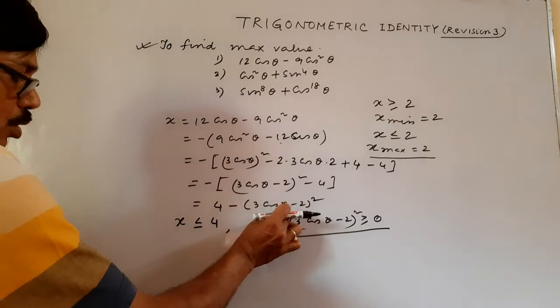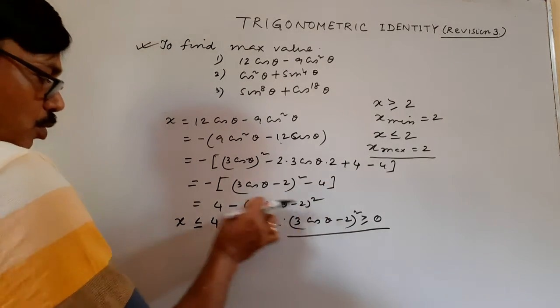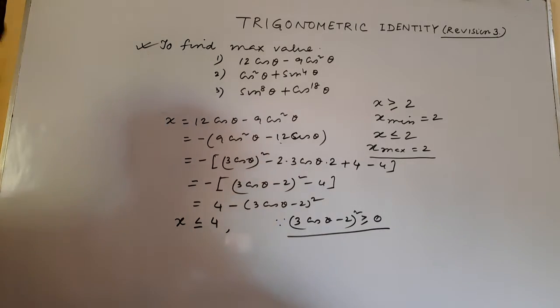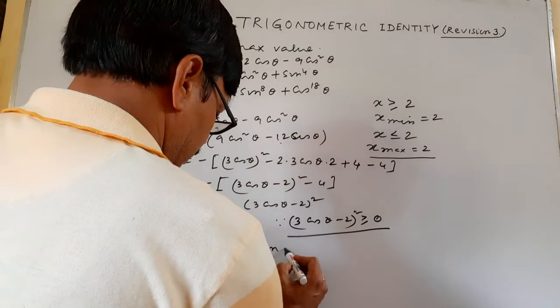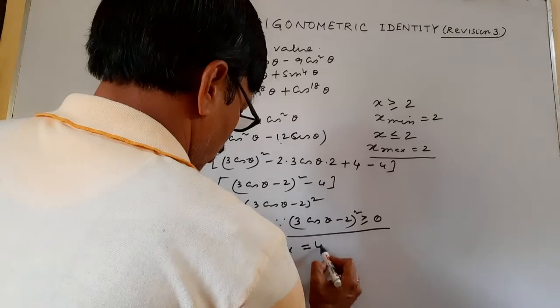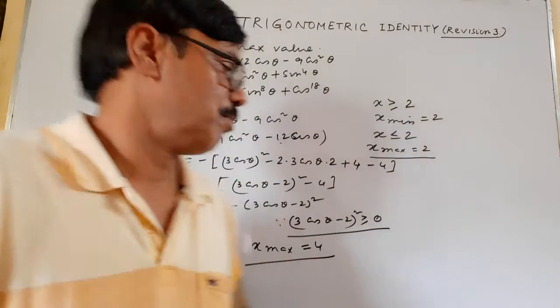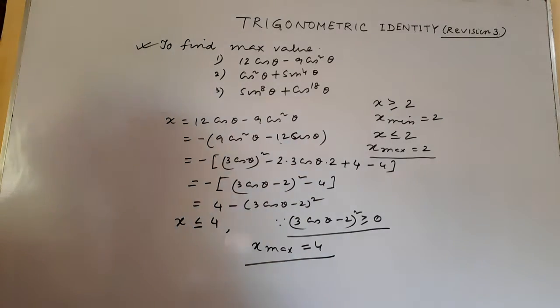If it is 0, the value is 4. If it is non-zero, 4 minus a positive number is less than 4. So x max equals 4. What is x? The value of the expression.